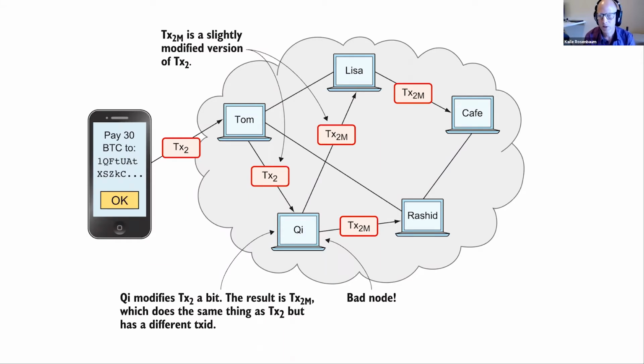This TX2M here, which is a malleated or modified version of transaction 2, spends the exact same outputs as transaction 2, and sends the coins to the exact same new outputs, and the signatures are still valid, but it's still different in some ways. And you could do that before SegWit.